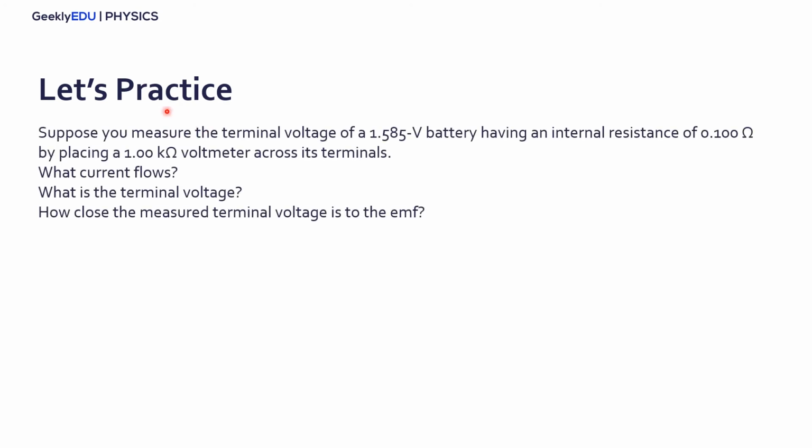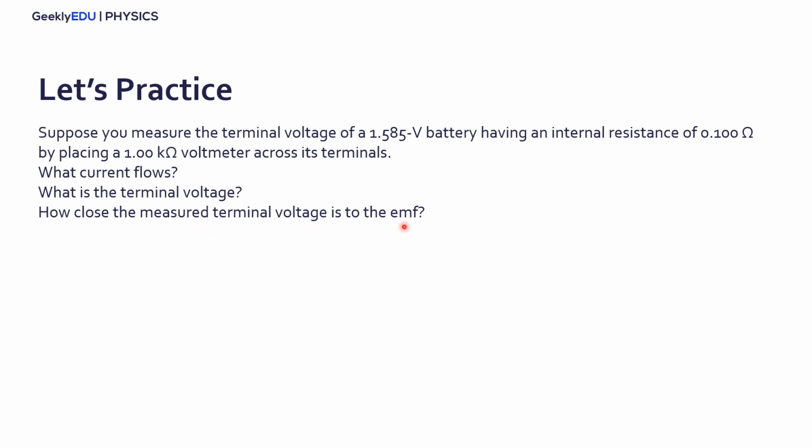So suppose you measure the terminal voltage of a 1.585 volts battery having an internal resistance of 0.1 ohms by placing a 1 kilo ohm voltmeter across its terminals. So we want to know what current flows, what is the terminal voltage, and how close the measured terminal voltage is to the EMF.